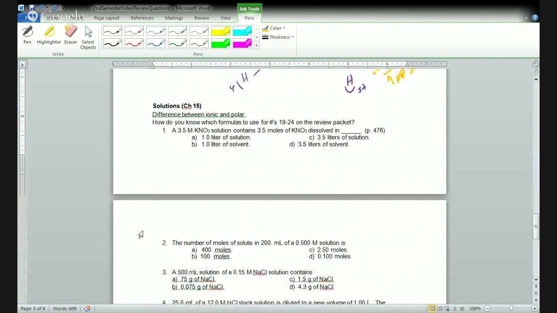Someone in this chapter also asked, how do you tell the difference between ionic and polar? That goes down to what we just talked about above. An ionic compound is going to have a metal and a nonmetal. So that's the big thing you're going to look for: something ionic is going to have a metal and a nonmetal.